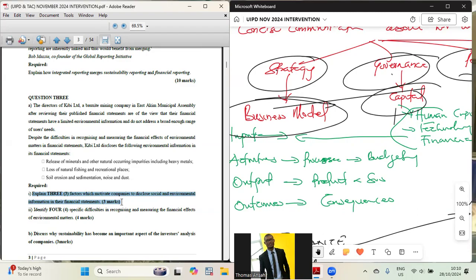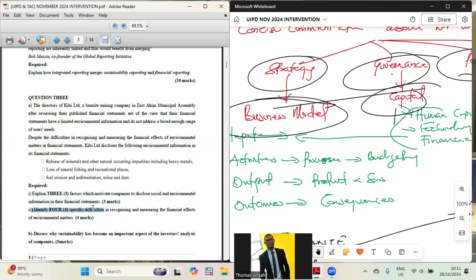To show how the entity is committed to the environment. Yeah, that is one facet of it. Regulatory compliance. Yes, regulatory compliance. Transparency and accountability.